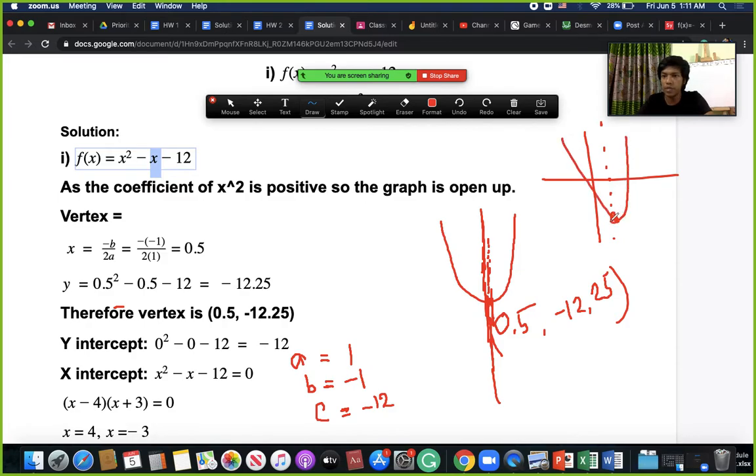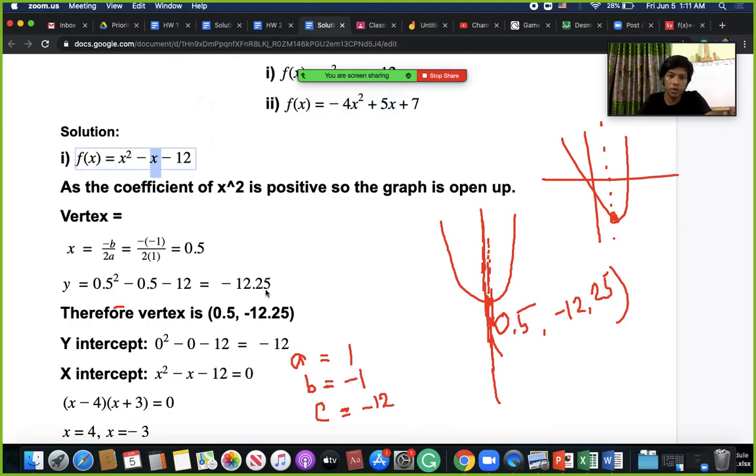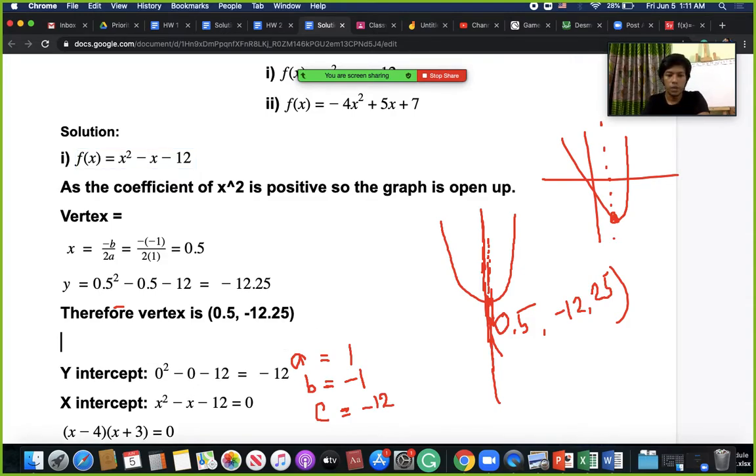So the x value is actually your axis of symmetry. My point is that for open up or open down, for both of the graphs, your x value is the axis of symmetry. So let's write axis of symmetry is x equals 0.5.